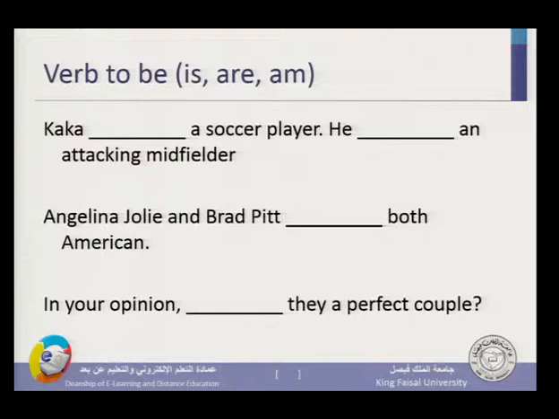In your opinion, are they a perfect couple? Because the basic sentence is, they are a perfect couple. In order to make it a question, are is to be before they. Are they a perfect couple?